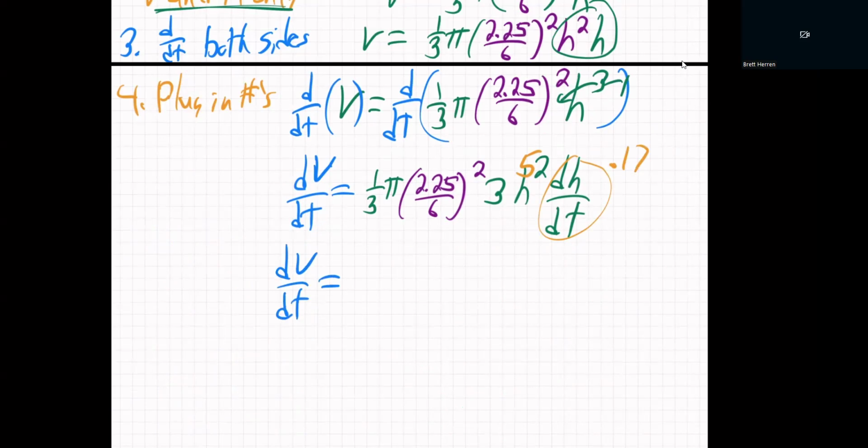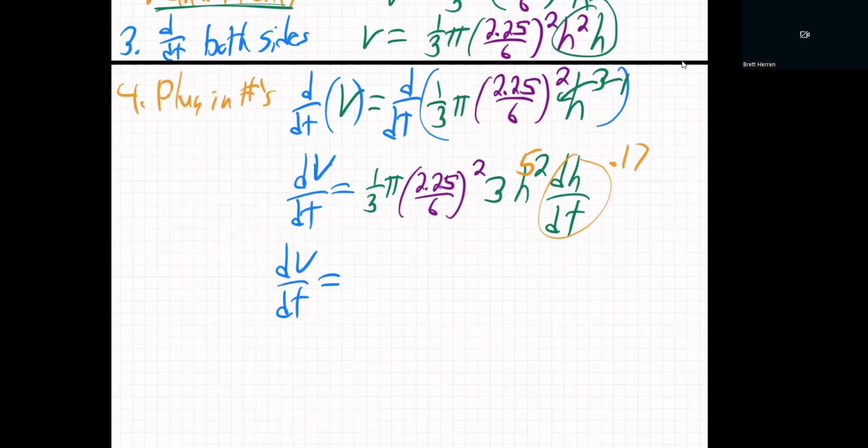So I'm going to hit the buttons on Desmos now. Let's just cancel this 3 and this 1/3. 3 over 3 is 1.